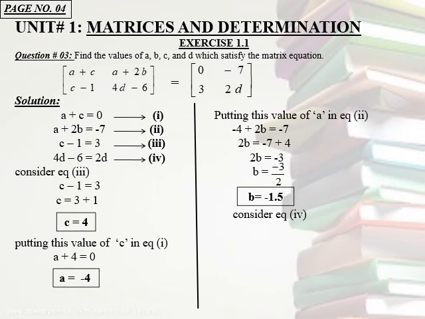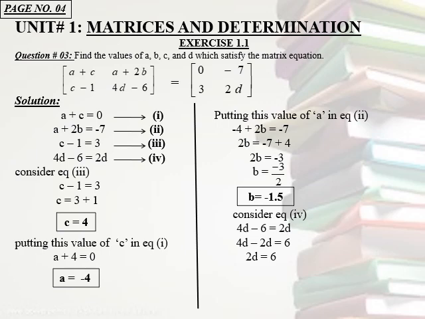Now I will consider equation 4, which is 4d minus 6 is equal to 2d. I will bring -6 and 2d to the opposite sides of the equation. After subtracting 4d and 2d, I will get 2d is equal to 6.